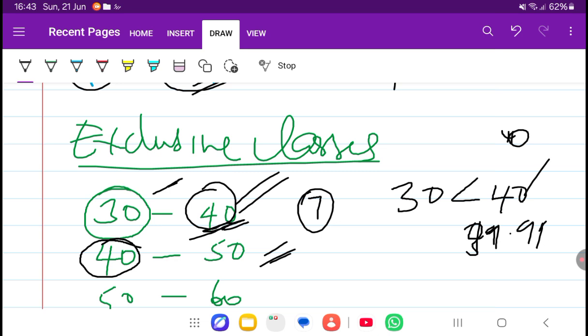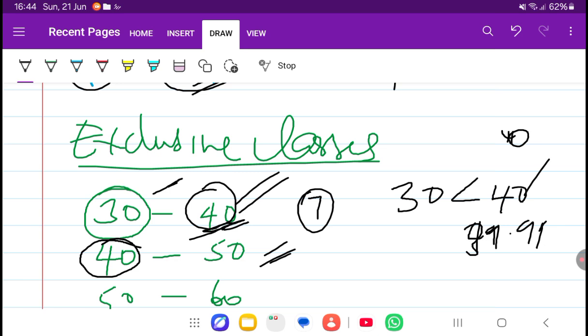So we've said that exclusive classes are classes where the upper class limit of a given class is excluded in that class, but included in the next class. Each class consists of a range of values.